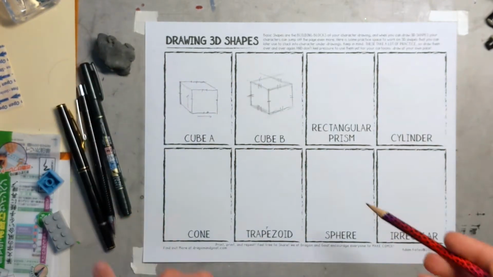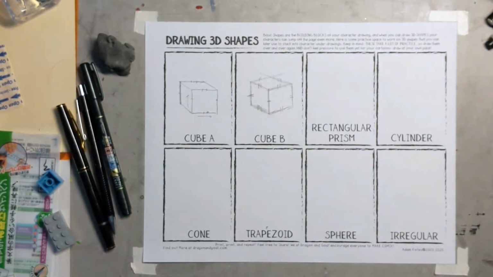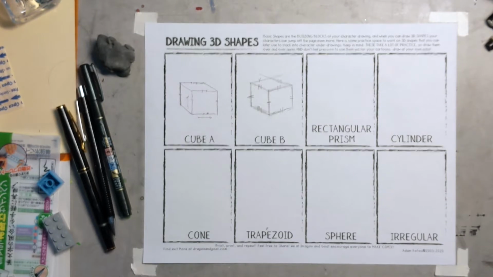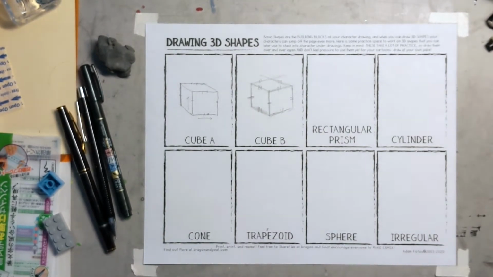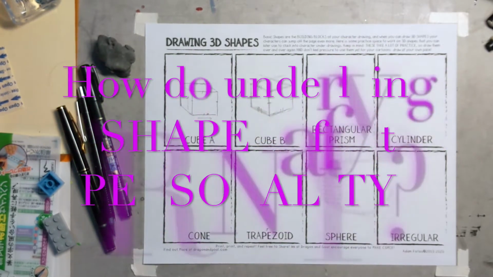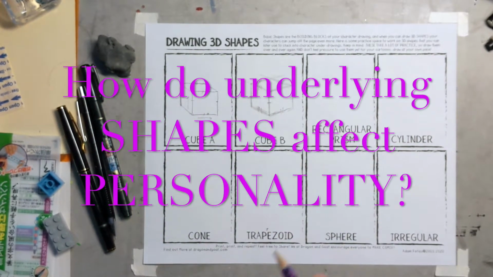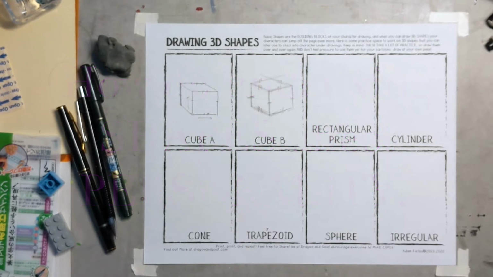And what we want to think about with the rectangular prism, with the two examples that I give you, is I want you to consider how, if we're going to be drawing these shapes, ultimately using them to build, like building blocks, our cartoon characters, how do these basic shapes that we use affect the personality of the character that we're going to be creating?